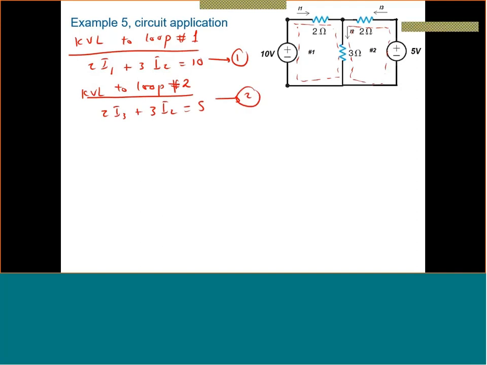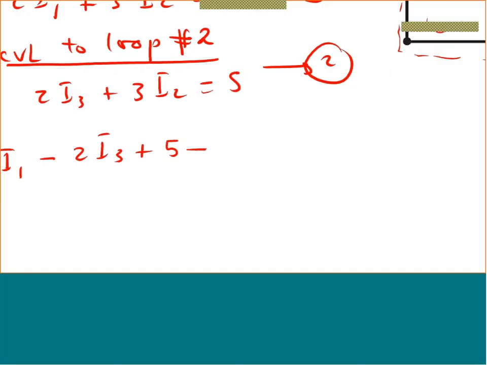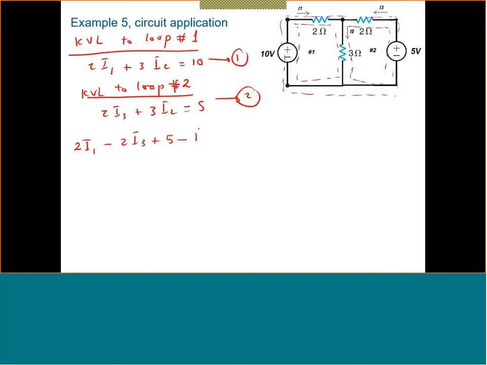Now, let me assume that I will take a KVL for the outer loop. My third equation. I need three equations because I have three unknowns. So this becomes 2I1 minus 2I3 plus 5 minus 10 equal to 0.